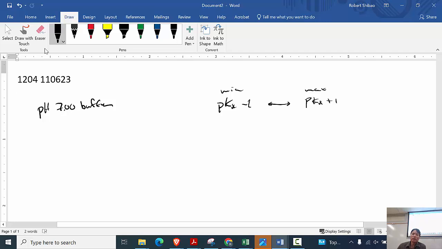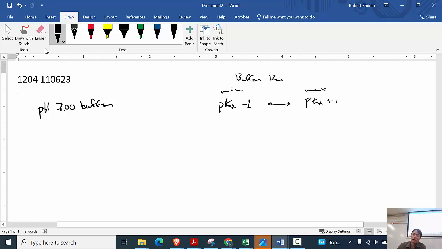And what did we call this? Do you recall what we called this? Yeah, or not the buffer region, we called it the buffer range.